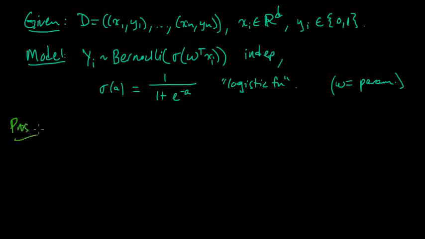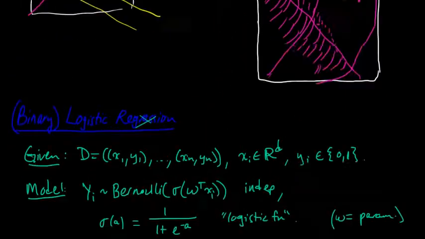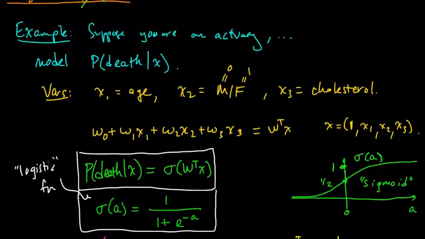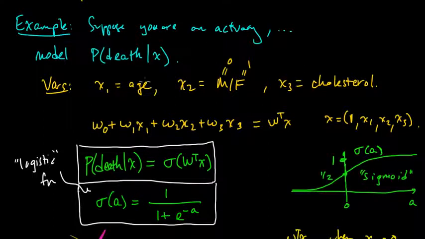Pros. So some advantages. Maybe one of the biggest advantages is that it's interpretable. Thinking back to our motivating example, when we were thinking about being an actuary, the variables or the covariates in our data were age, male, female, and cholesterol.